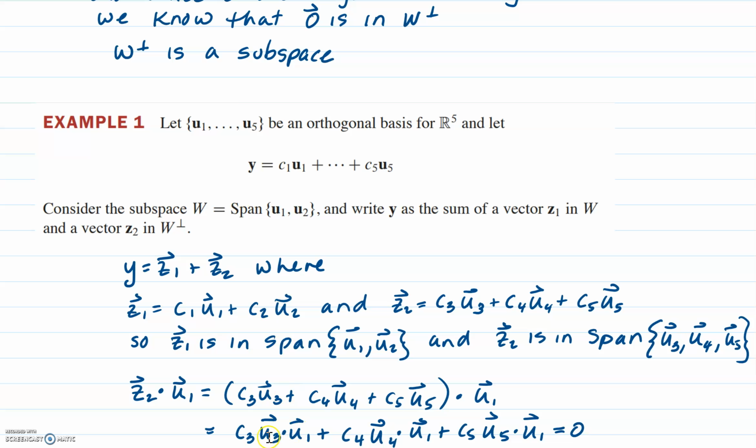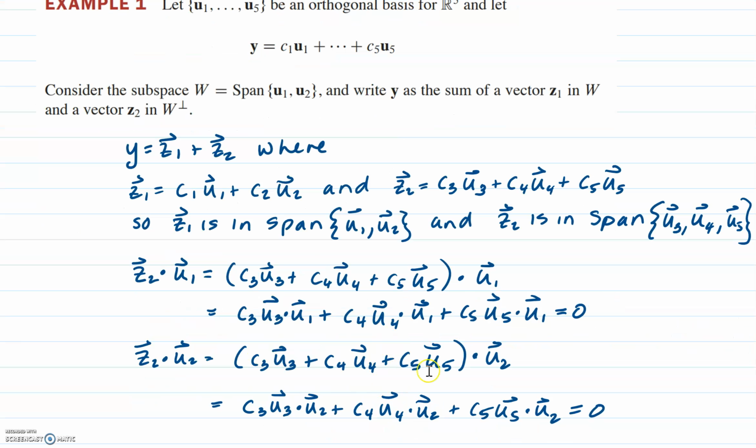Each one of these is therefore 0: u1 is orthogonal to u3, u4, and u5. By a similar process, z2 dotted with u2 also is 0. Each one of these is 0.